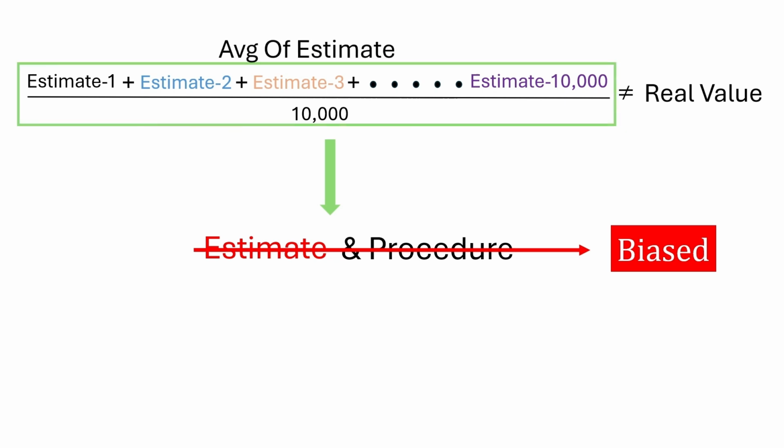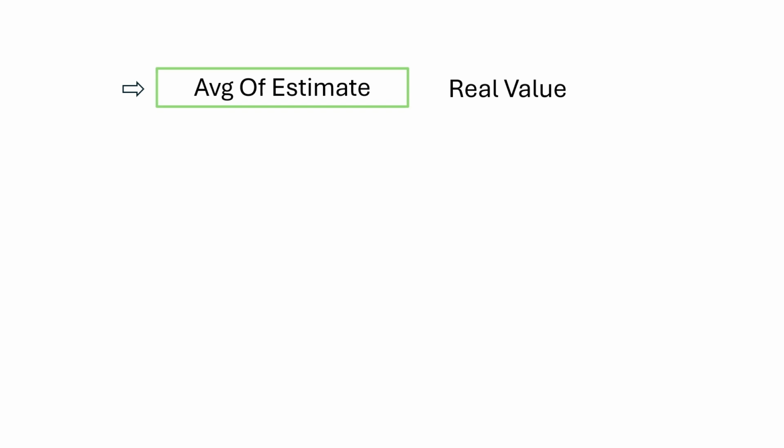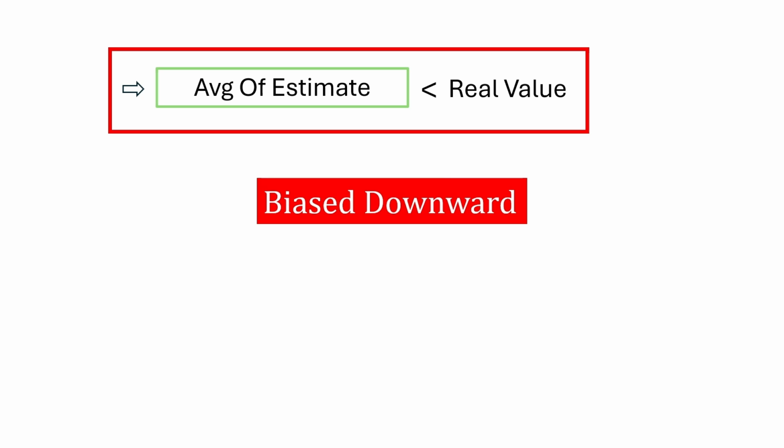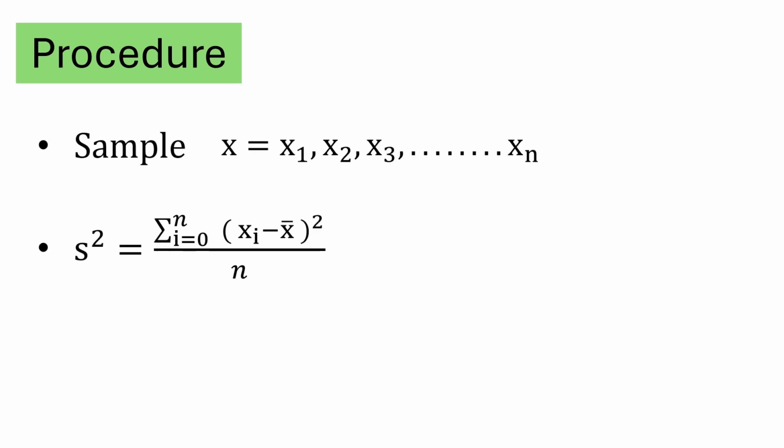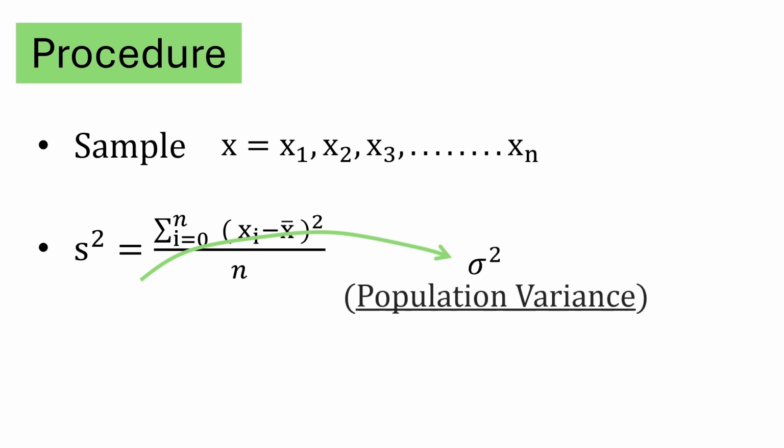If the average of the estimates is less than the real value, we say it is biased downward, and if the average is greater than the real value, we say it is biased upward. Now, what was our procedure? We have the sample, we found the sample variance, and we have taken this as our population variance.